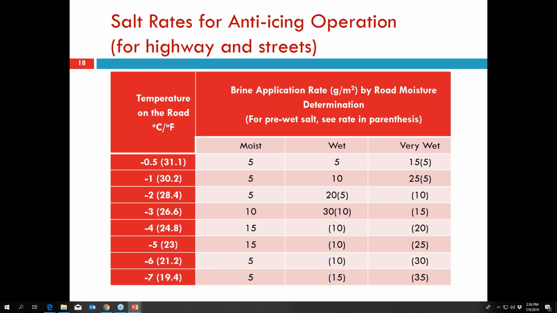Again, the unit they use is gram per meter square, so I did not change the unit. To have a detailed look, make sure that you notice the unit of this table. So if temperature is minus 0.5 degrees C or 31 degrees Fahrenheit, and the pavement or road is in moist condition, the application rate will be 5 gram per meter square. But if we use pre-wet salt, you can adjust this application rate.